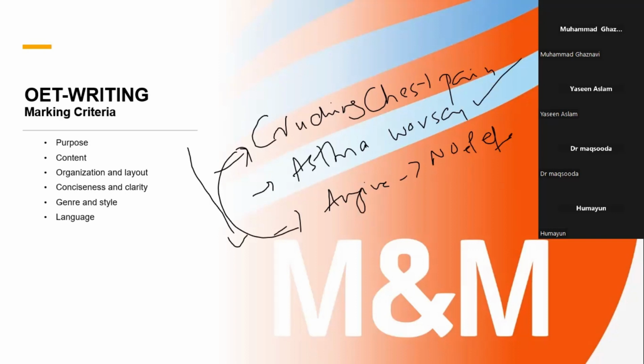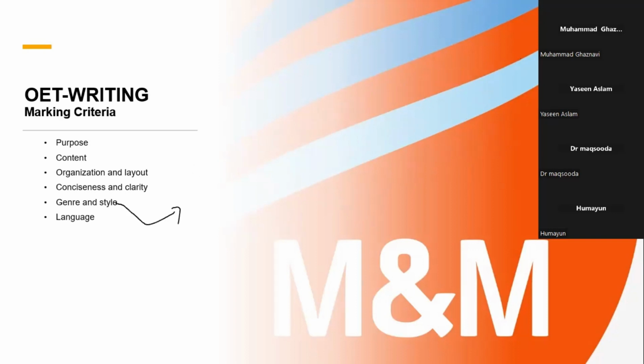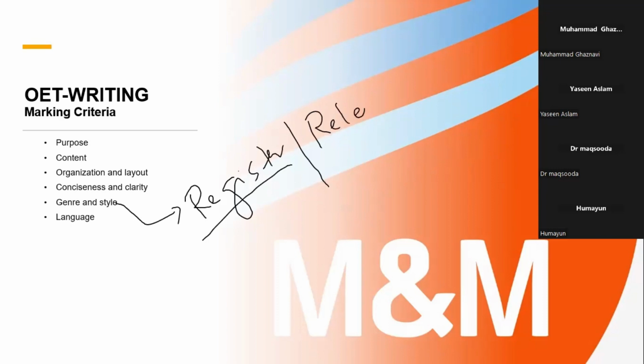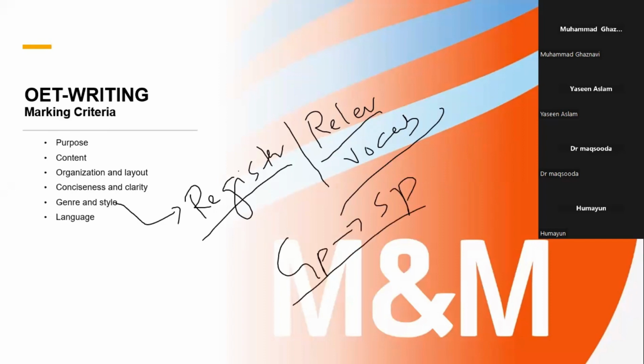The next criteria is the genre and style. In terms of genre and style, you have to see that this is your technical register, or in linguistics, that means the relevant vocabulary that we have to use. So here, the language is always technical, because it's a conversation between two doctors. So that's the reason we have to make sure that you use technical language.